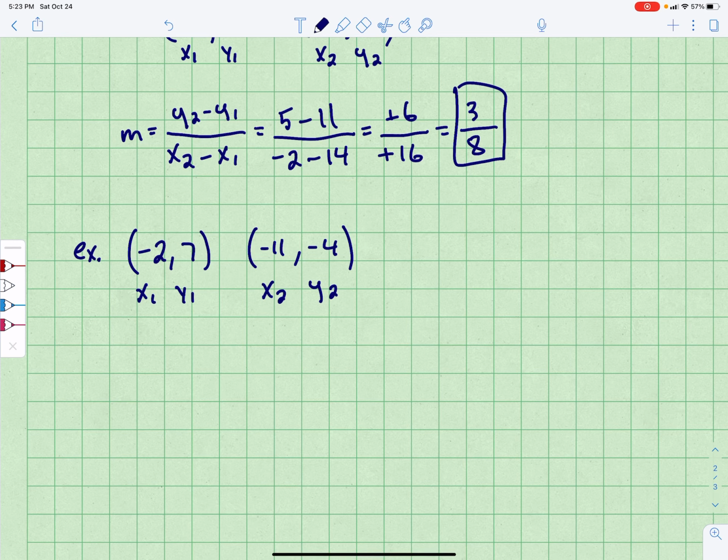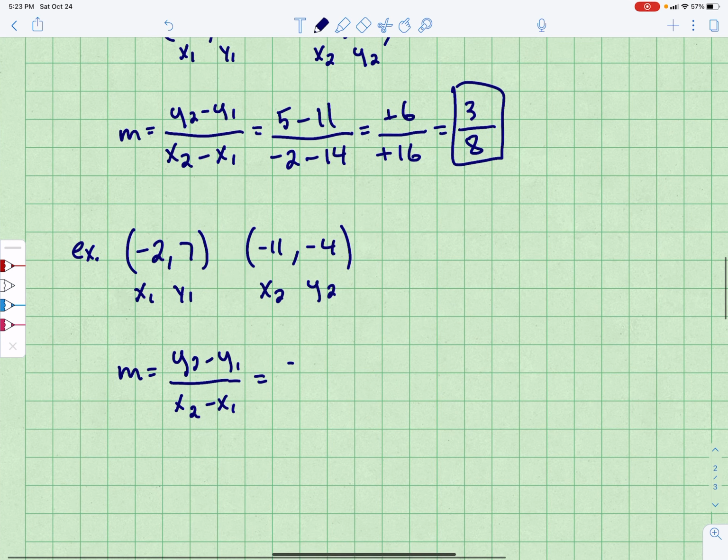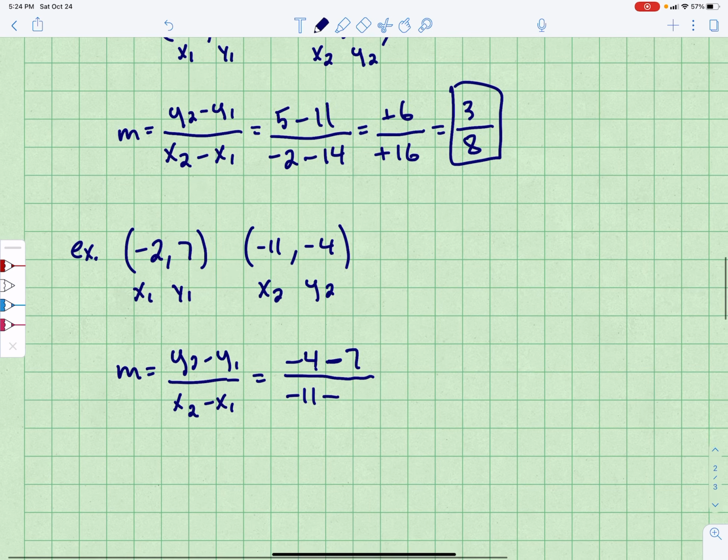Again, my formula is y2 minus y1 over x2 minus x1. When we go to plug these in, y2 is negative 4 minus y1, which is 7, over x2, which is negative 11, minus x1, which is negative 2.